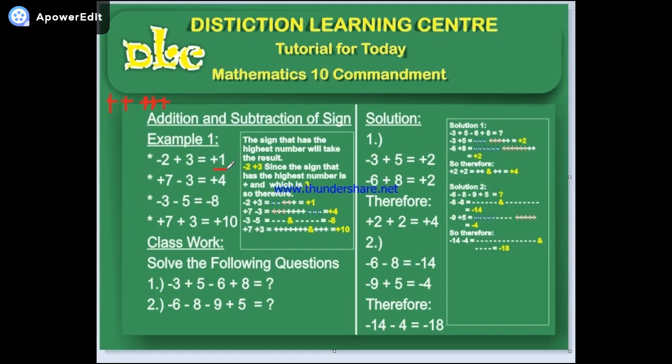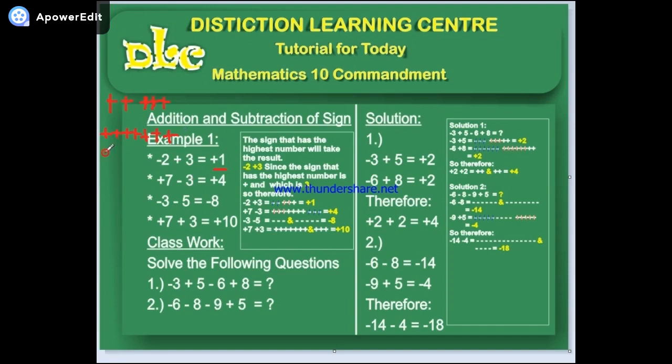Now the next question is plus 7 minus 3. If you want to do that one, it is also very simple. You just draw 7 plus: 1, 2, 3, 4, 5, 6, and 7. Now you draw minus 3.